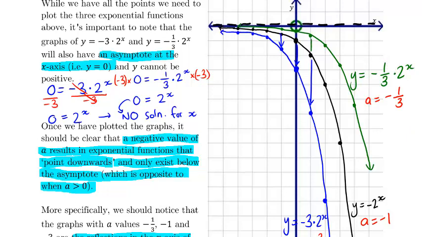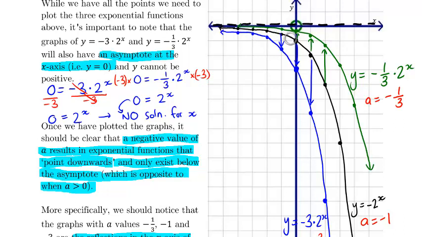Everything was compressed, squished down 3 times closer to the asymptote, 1/3 of the distance away from the asymptote now. So the a value, not only in this case because it was negative reflected over the x-axis, but it also stretched and compressed our exponential function vertically.